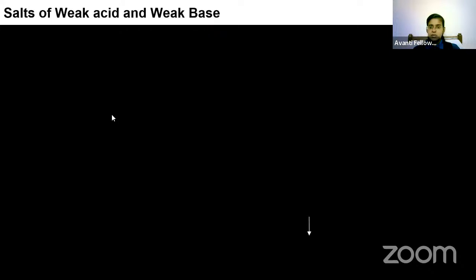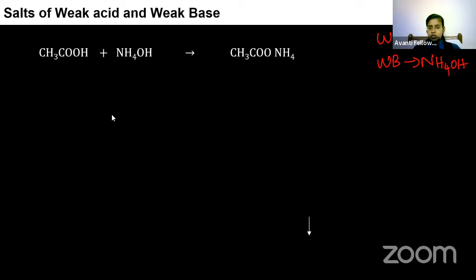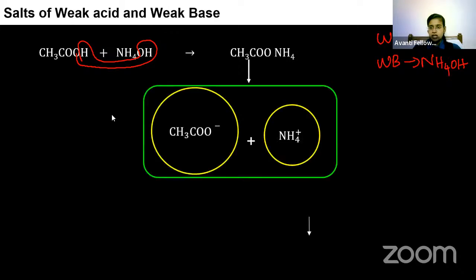So the weak acid example is acetic acid, and the weak base example is NH4OH. Okay. So if I react these two molecules, I will get ammonium acetate by the removal of water. And this ammonium acetate has acetate ion and ammonium ion.